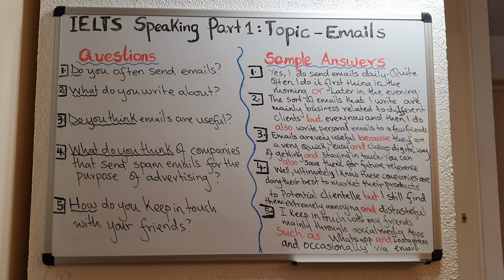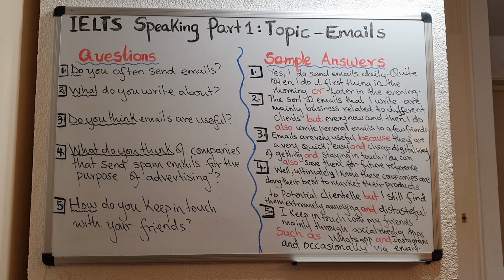Now, the next tip is try as much as possible to use the correct vocabulary for each question, okay? For each question that you're answering, ensure that you use the correct vocabulary, okay? That is extremely important. And try whatever you can. You can use high sounding, high band type of vocabulary for the topic that you're talking about.